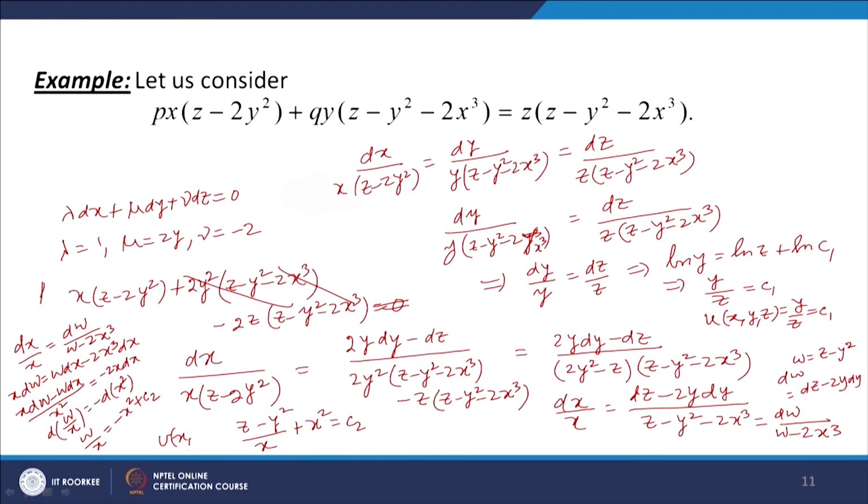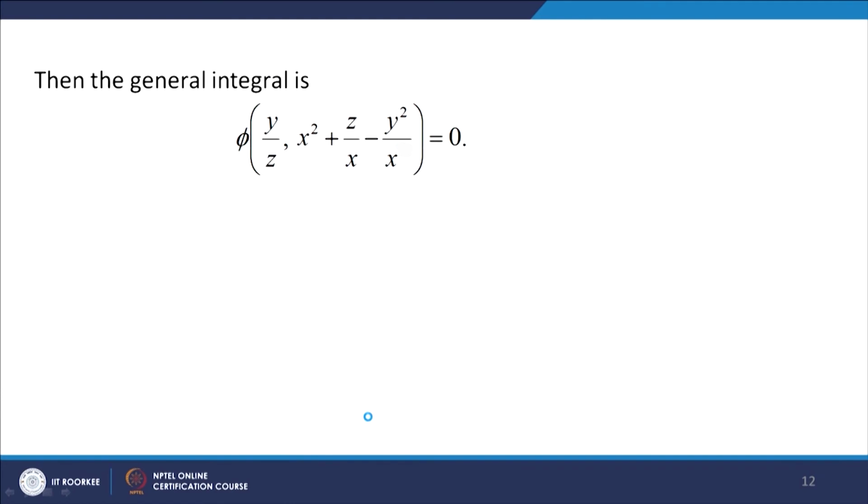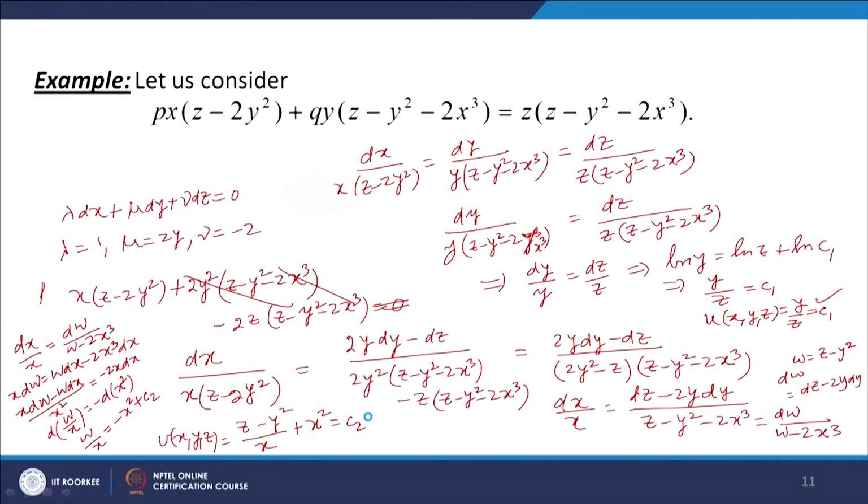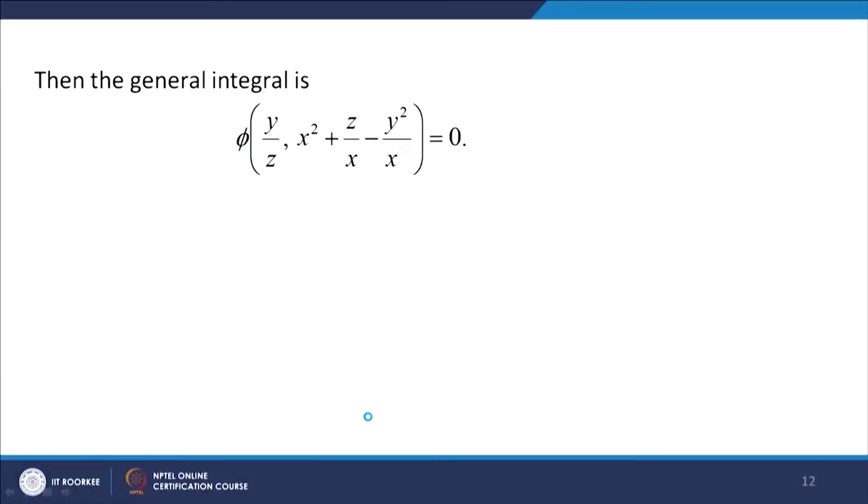One solution is y over z equal to C1, and the other solution is x square plus z by x minus y square by x equal to C2, and we therefore have this general solution, phi of y over z, x square plus z over x minus y square over x, equal to 0. So, this is how we get the general integral for this equation.